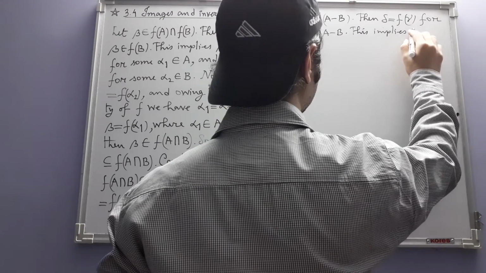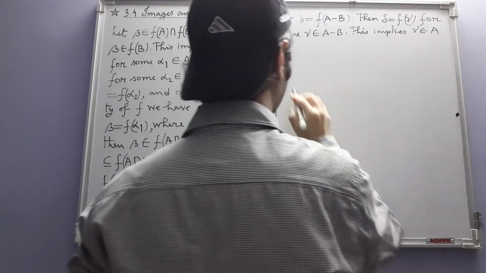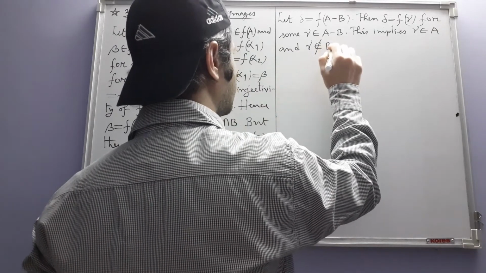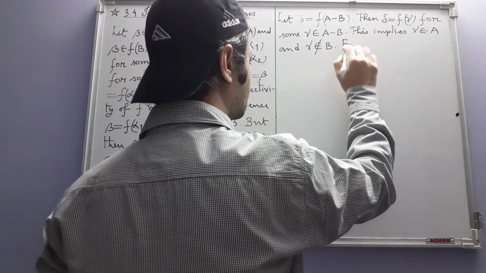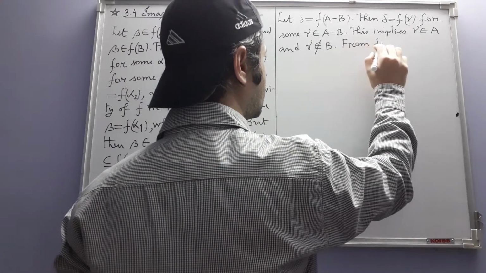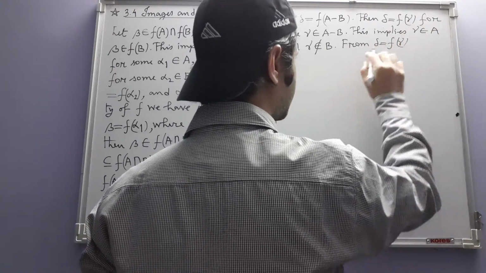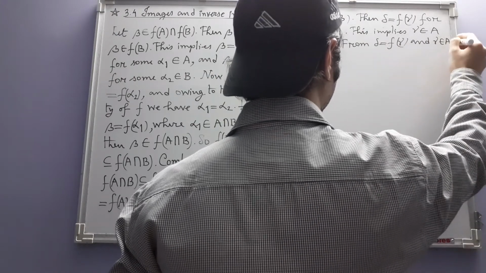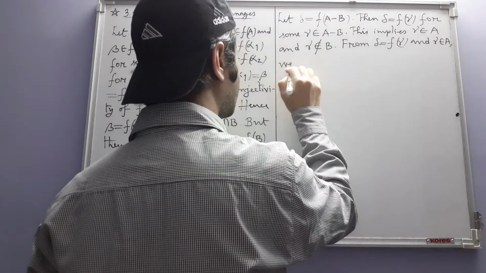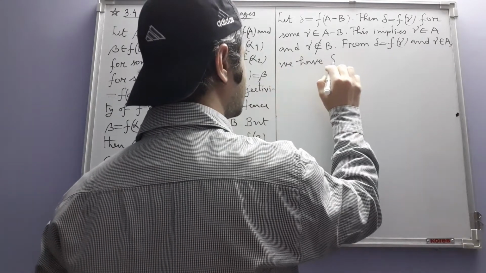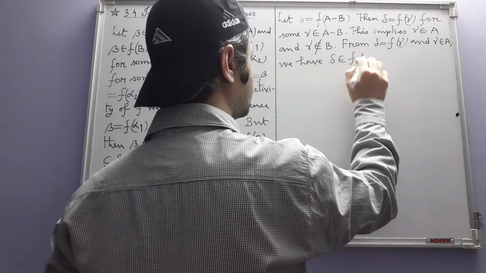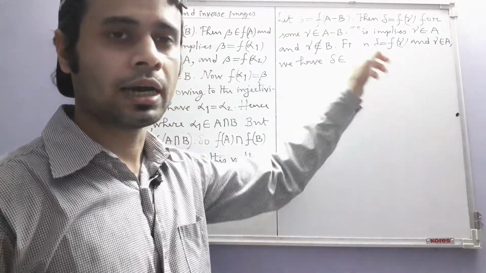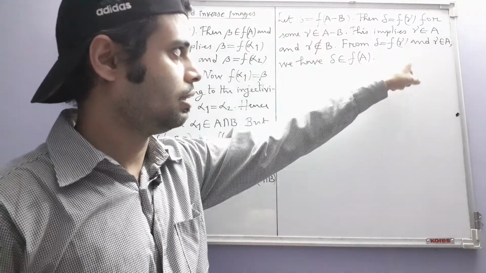This implies gamma belongs to A and gamma does not belong to B. From delta equal to f of gamma and gamma belonging to A, we have this: delta belongs to f(A), because delta is the f image or the output of some element in A under f.